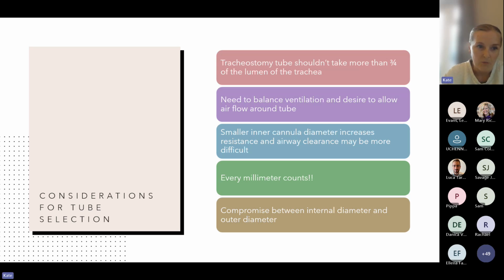There is always going to be a compromise when you're coming up with your tube selections. You need to compromise between the desire to maximise your functional internal diameter, which in turn will reduce your airway resistance and your work of breathing. So when it comes to weaning, this will help massively. But you also need to try and limit the outer diameter to facilitate the airflow through the upper airway when the cuff is deflated.